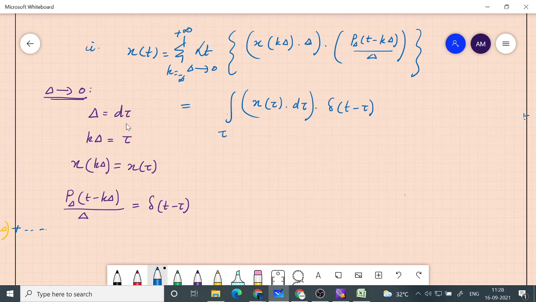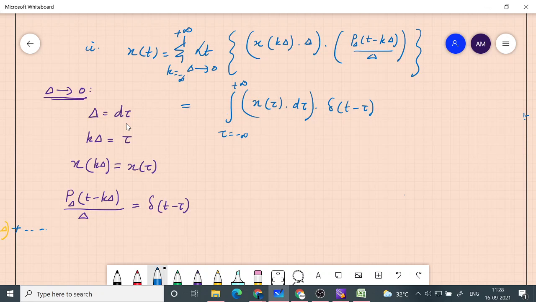And when k goes to minus infinity, tau will become minus infinity. When k goes to plus infinity, tau goes to plus infinity. So d tau, it's not 0, it's very, very small. Multiplying it with infinity, you will still get infinity. Infinity will overpower actually.